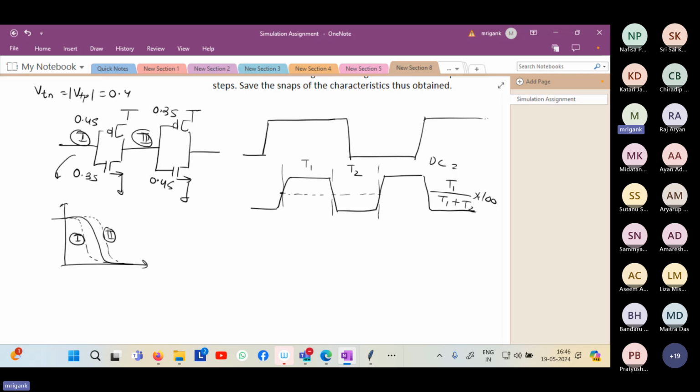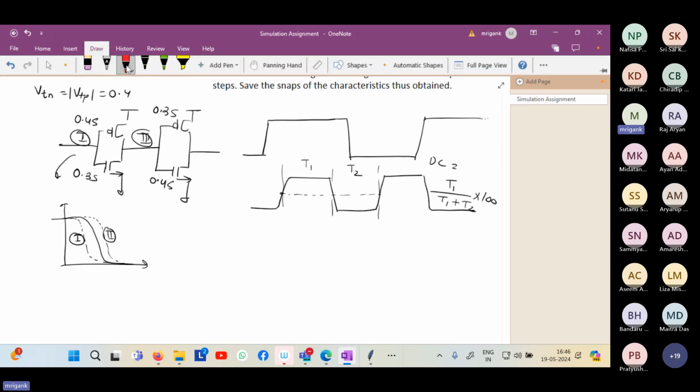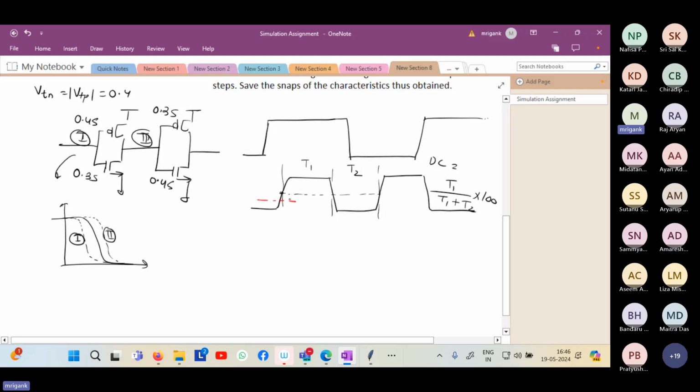Now, in the first case, the inverter threshold has shifted a little bit downward. That means the trip point is lower, so the waveform will cross at an earlier point, and therefore the transition point will come a little early.